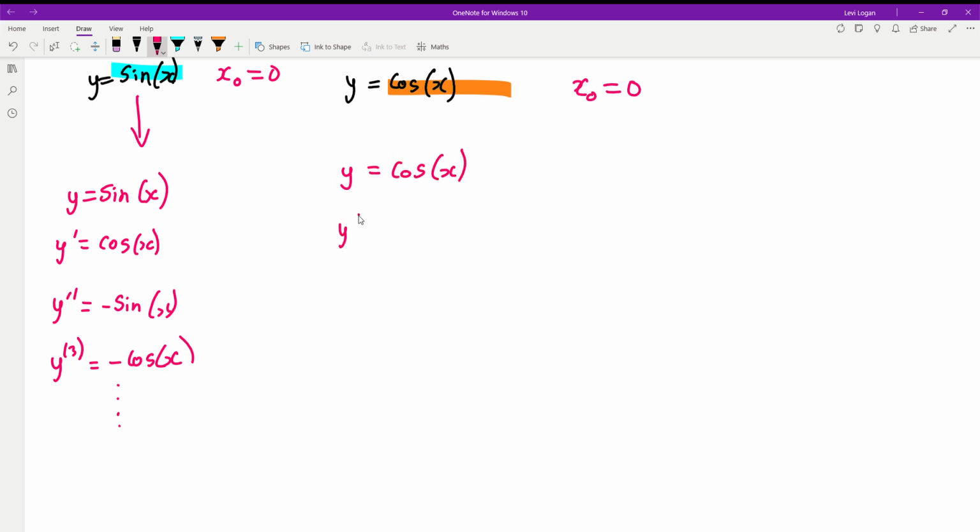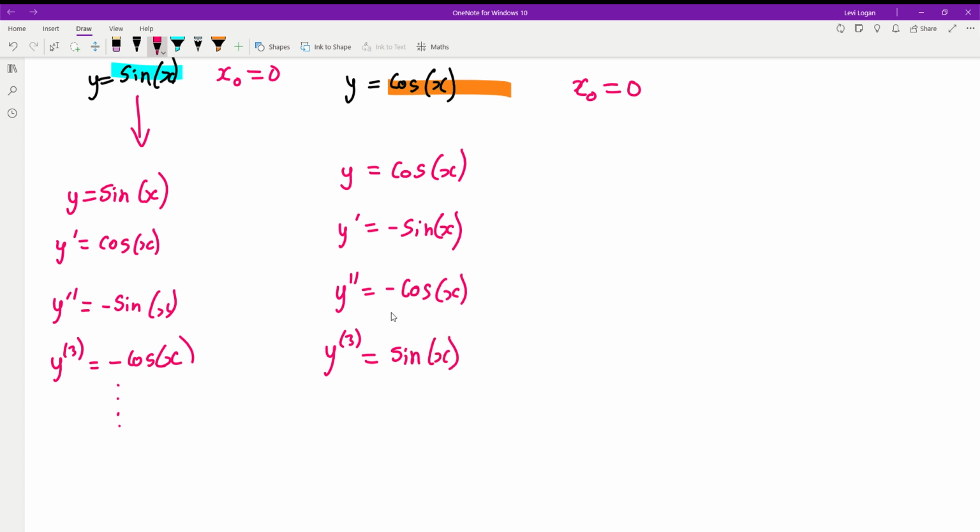The first derivative of that will be negative sine x. The second derivative of that will be negative cos x. And then the third derivative, any derivative higher than 2, I'm writing it not as a power, don't confuse that with a power, it's a derivative because of the brackets I've put there. That's going to be sine x.